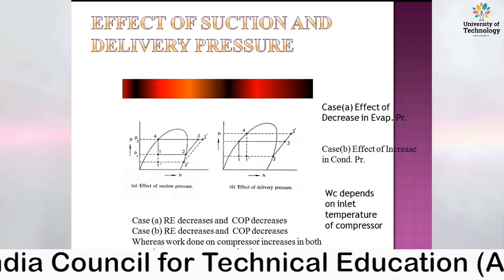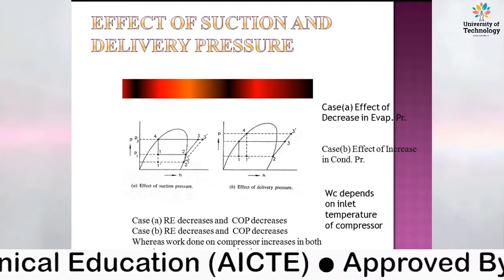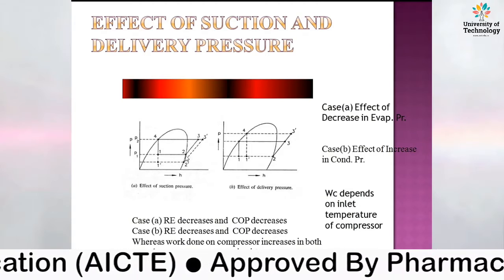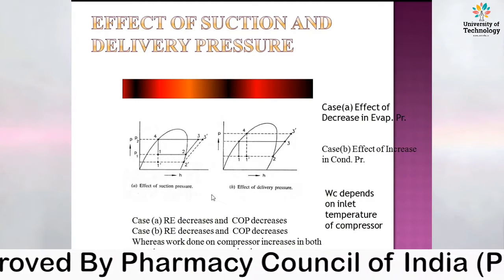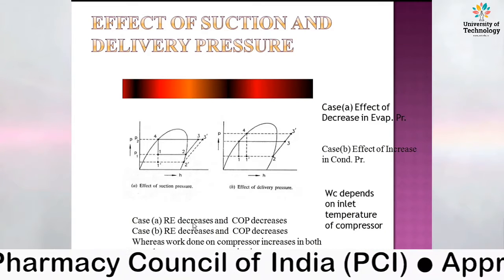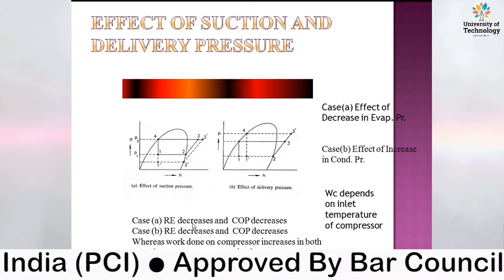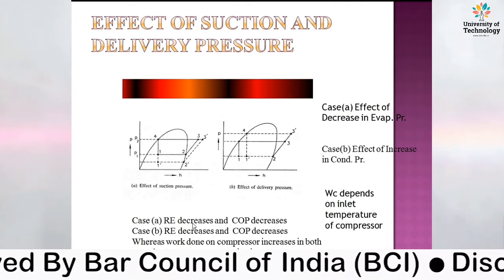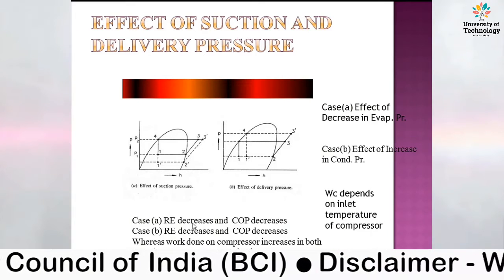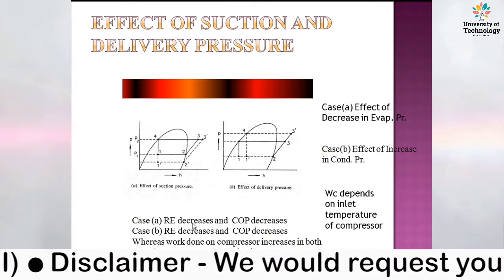So what we observed is that the refrigerant effect decreases and compressor work increases. Therefore the coefficient of performance, which is the ratio of refrigerant effect and compressor work, decreases.